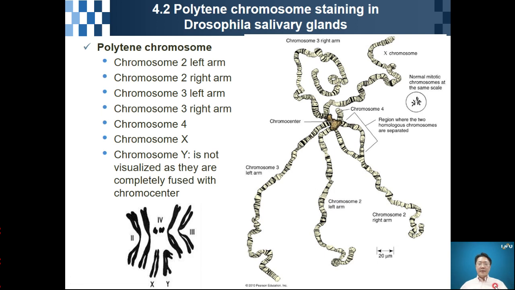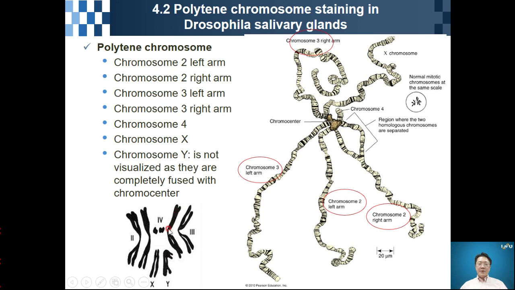Here we can see chromosome 2 left arm, this is the left arm, and also this is chromosome 2 right arm. How about here? We can see chromosome 3 left arm, so this is the left arm, and the chromosome 3 right arm is here.